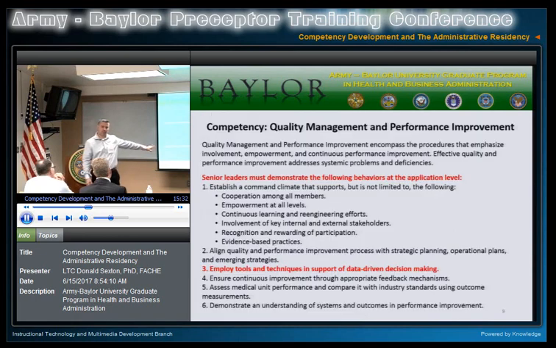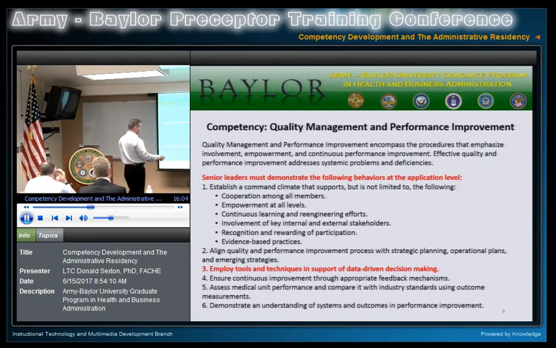I wanted to put up here one of the specific competency areas, and this one's related to quality management and performance improvement. If you look at your actual GEMC guide, it will have each one of these spelled out for the competency area. It'll give you a brief overview of what the competency encompasses, and then an example of what an executive should be doing in terms of knowledge or behaviors to show that they're competent in this area.